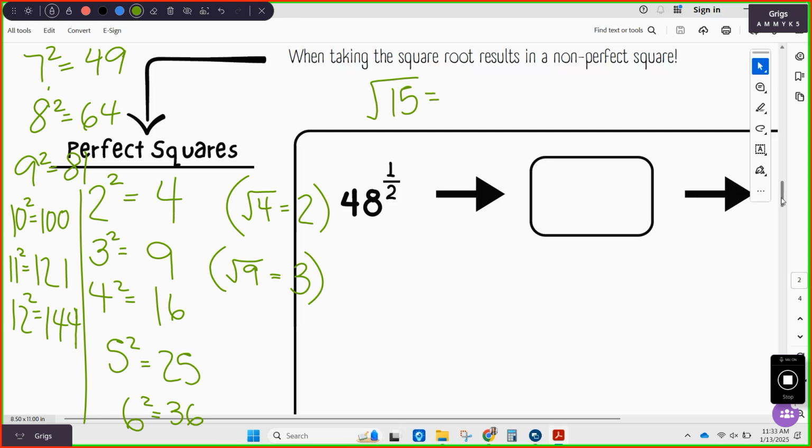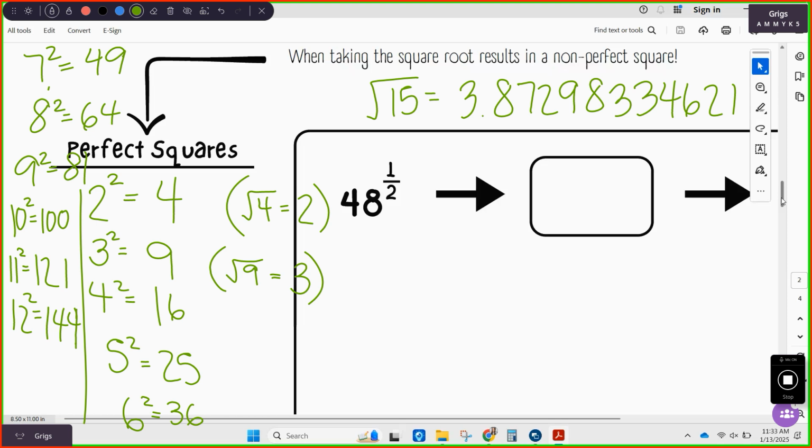What do we get? 9.8, 3, 3, 4, 6, 2, 1. Whoa. Is that a perfect square? No. Also, I could have known it wasn't a perfect square because is it on my list? No.